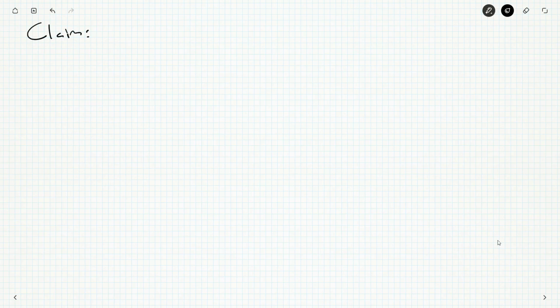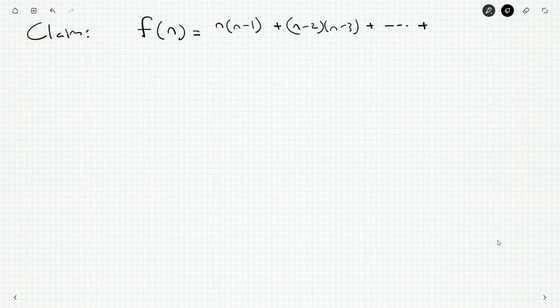So I claim that f of n is n times n minus 1, and then n minus 2 times n minus 3, all the way down to, and this will all be over 2.